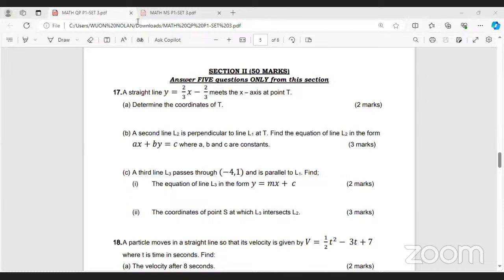The solution for the two equations. Someone is saying the solution for the two equations, true.